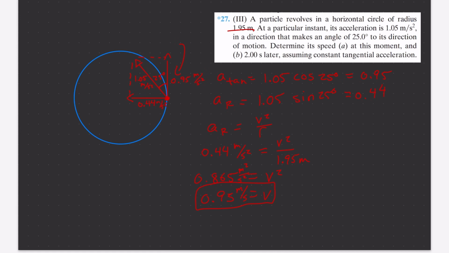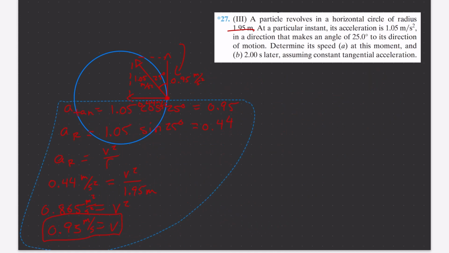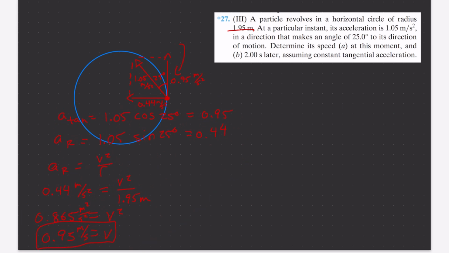Because what we're going to do is just consider our tangential acceleration. Let me move this down over here. We're going to use some kinematics because, as I've said in a previous problem from the set, when you're just talking about tangential acceleration, we can pretend it's one-dimensional kinematics, assuming that we have constant acceleration. And luckily, it tells us straight away we can assume constant acceleration for part B. Fantastic.